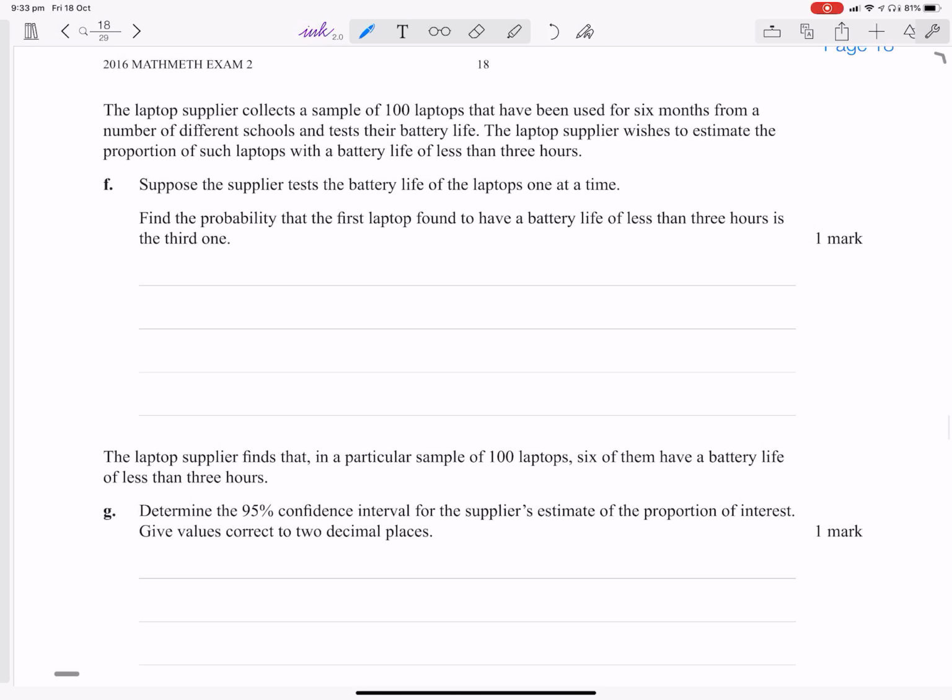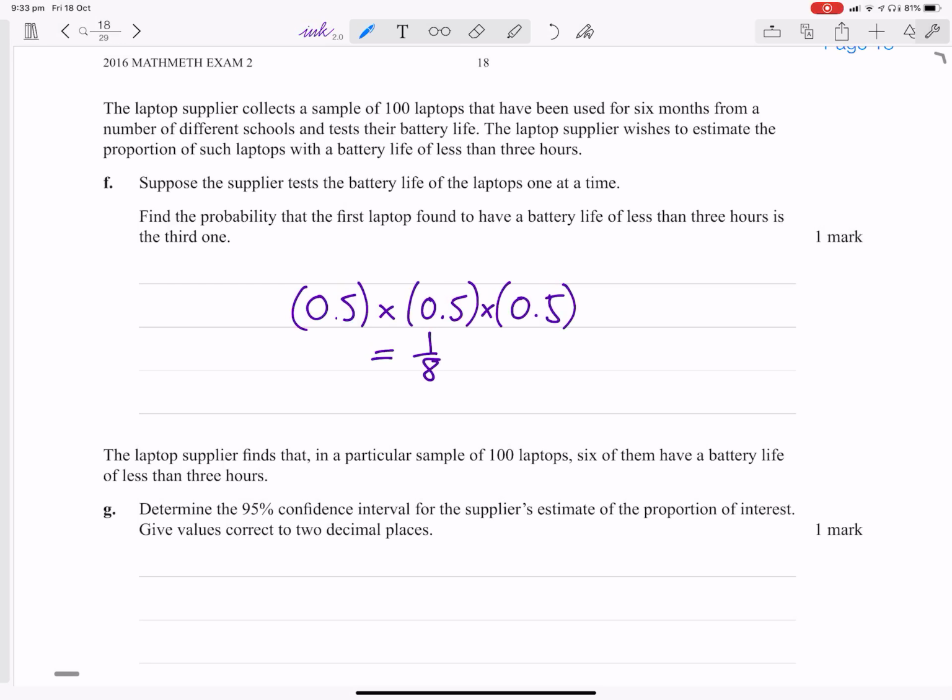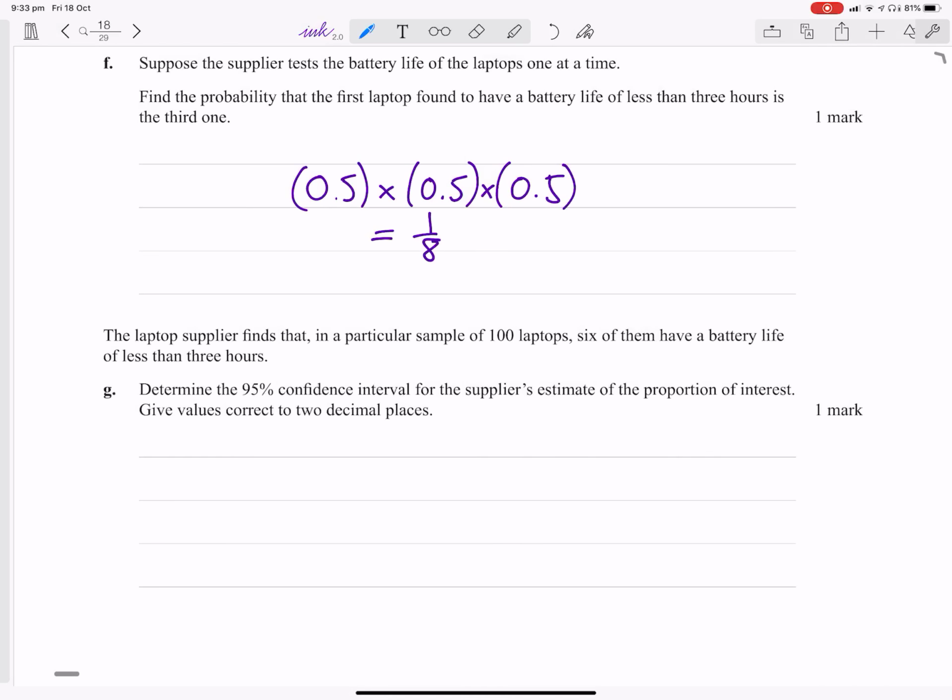If the first one doesn't fail, that's a half. Second one is a half. Third one is also a half, because the mean is 3 hours, which is 1 on 8. Because they give you the order, you just multiply.